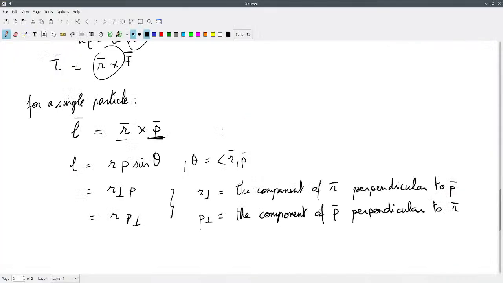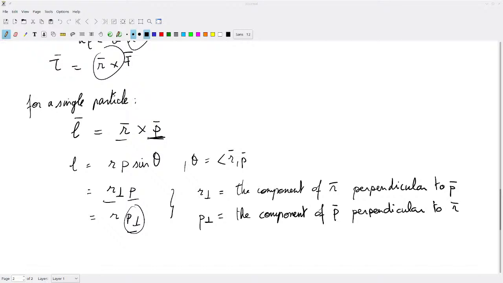So that allows us to think about this angular momentum also in terms of lever arm and line of action, if you wish, except we don't call it line of action when it's about the momentum. We can think of this as the perpendicular distance from the origin to the vector p, and we can think of p perpendicular as the perpendicular component, just like we use the perpendicular component of the force in our calculation of the torque.